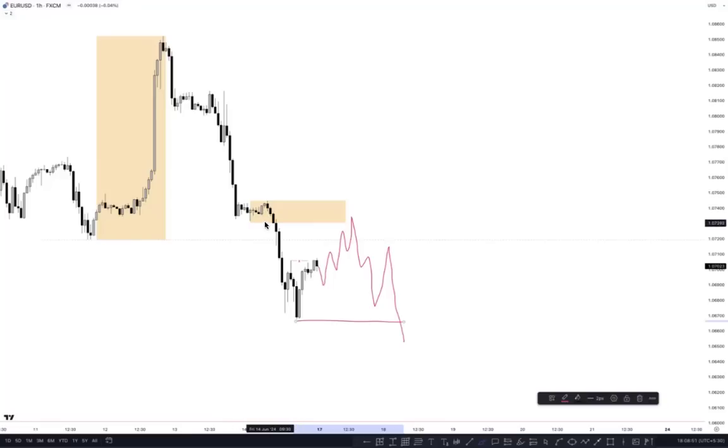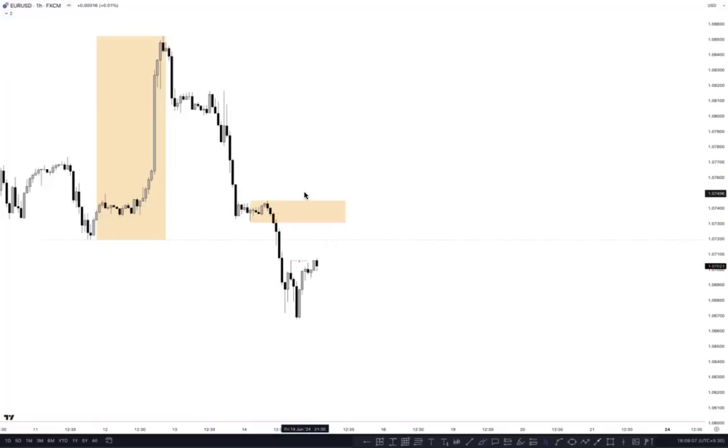Because once price taps on it, this is a normal structure, sorry, a normal order flow. If this order flow takes out the liquidity, we can mark this as our high probability, but right now this is not high probability, this is a normal order flow. So once price taps on it, then we can plan for the sell.